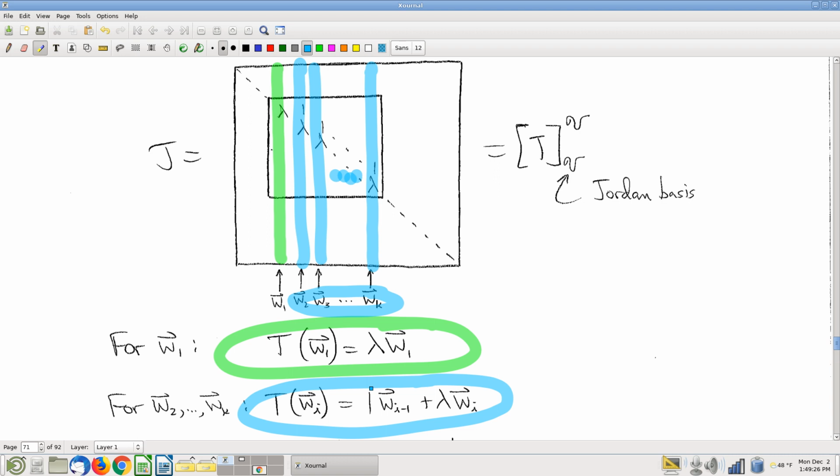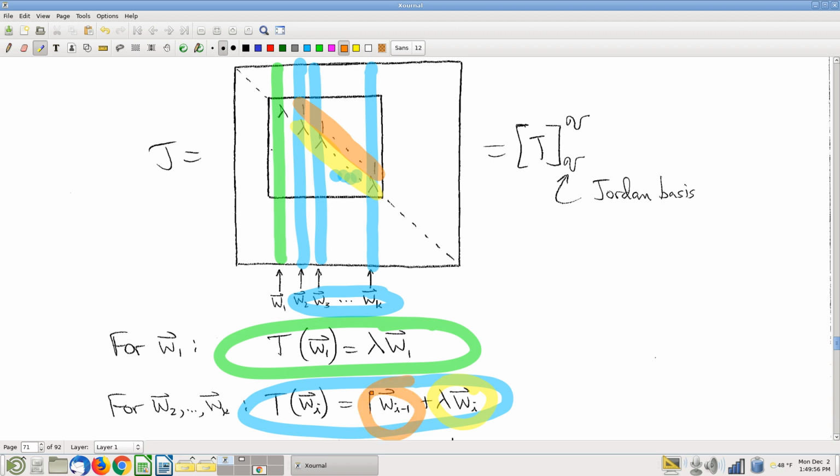And there are these diagonal terms. I'll use yellow to represent these diagonal terms. But then there are also these annoying super diagonal terms, just above the diagonal terms, messing up the diagonalizability.